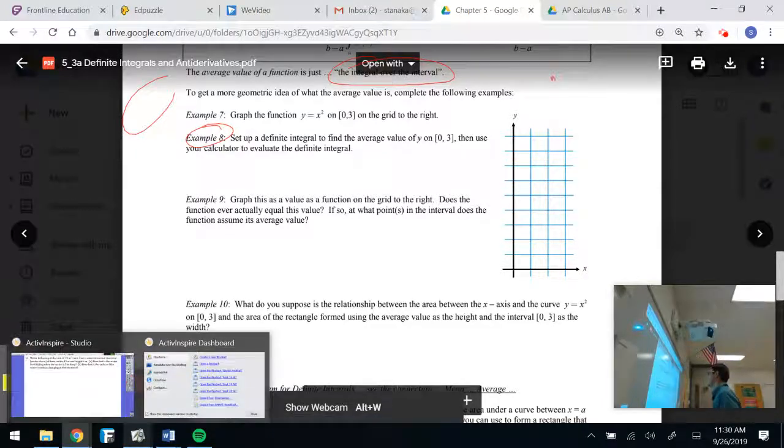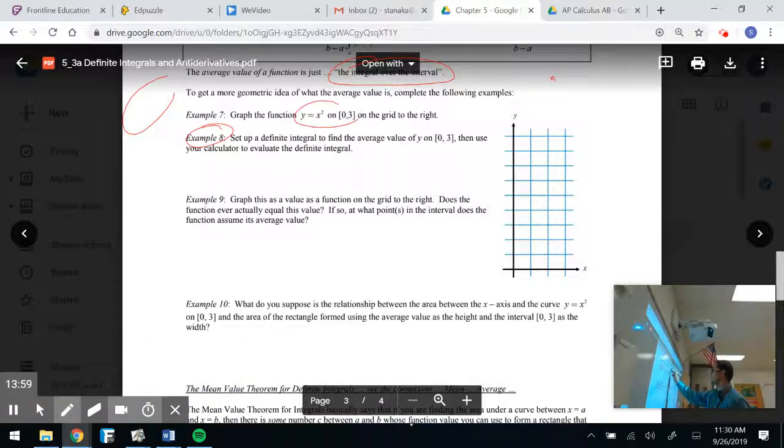Example 8. Set up a definite integral to find the average value of y from 0 to 3, then use your calculator to evaluate. So that would mean the integral from 0 to 3 of x squared dx, all over the interval. And that's going to give me the average value. If I use my calculator for that, I get a 9 on top.